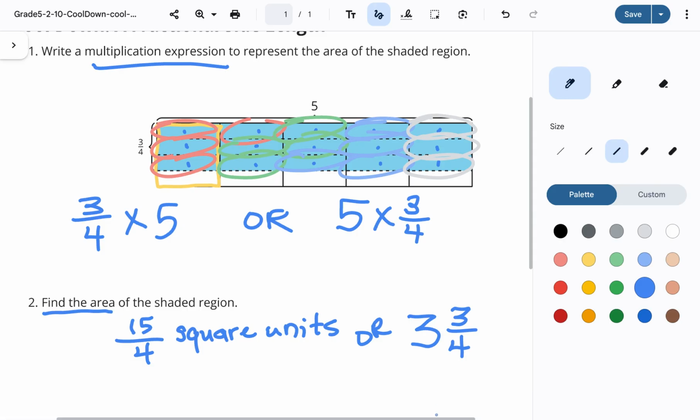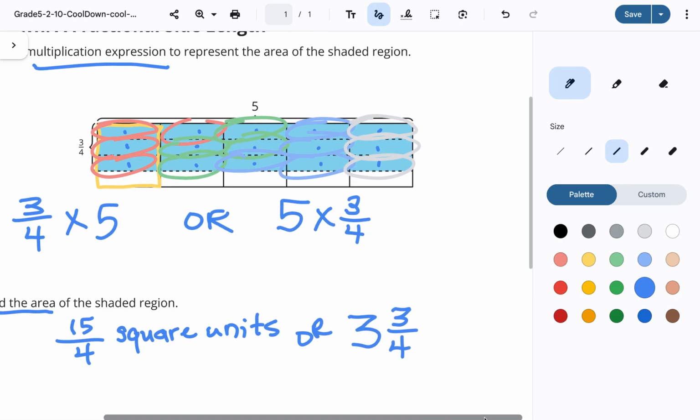Let me scroll over if I can get it just right. There we go. I could report this also as 3 3/4 square units. Notice these two answers are exactly the same. They would sit in exactly the same place on the number line. One of them is expressed as an improper fraction and the other a mixed number.